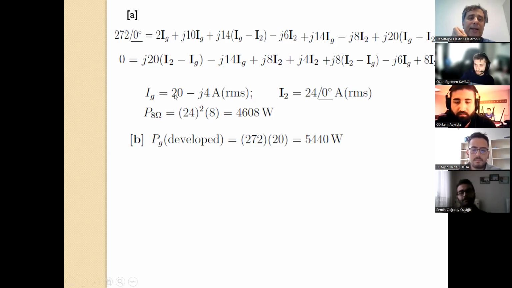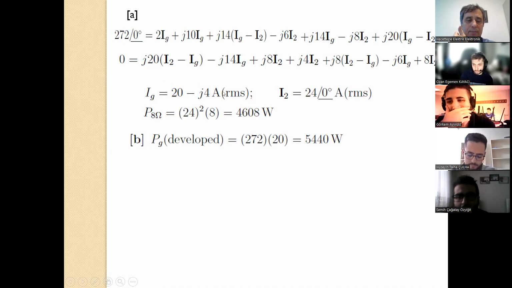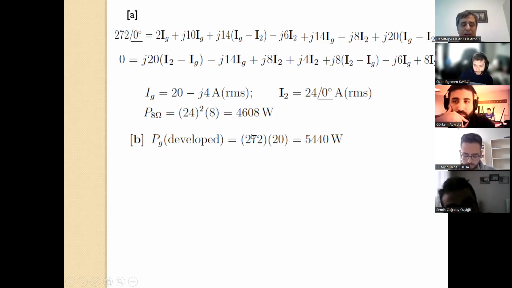You have 272 volts right here, and then the complex conjugate of IG, right? It means 20 plus J4. That should be multiplied. You are going to get the complex result. The real part of the complex result will be the average power. So this is 5,440 watts.